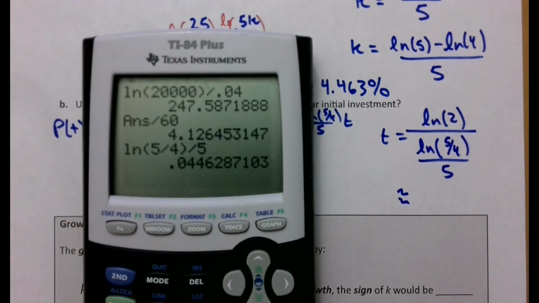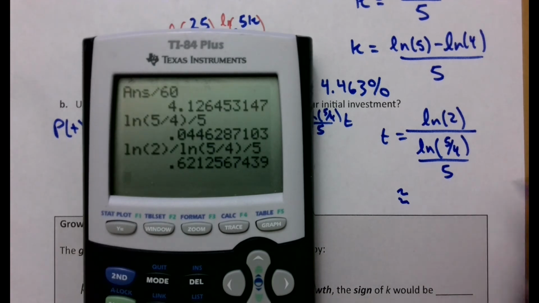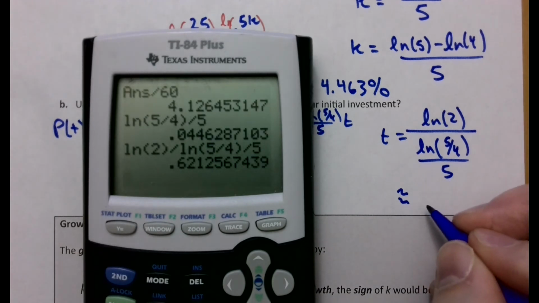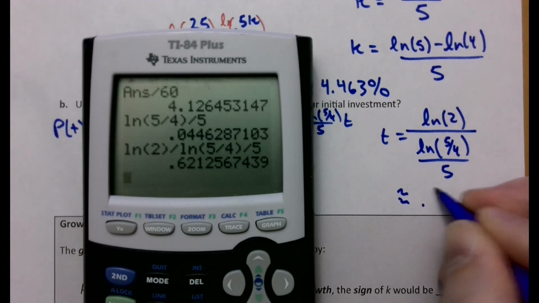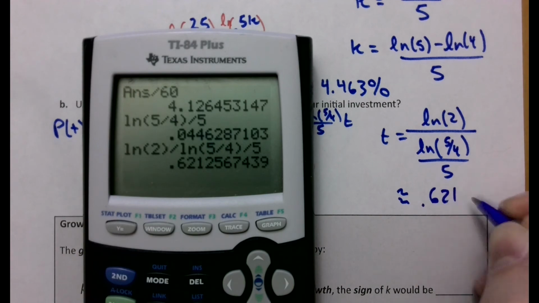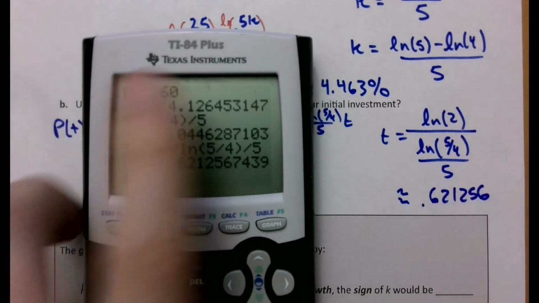There's not much value in it. So natural log of 2 divided by natural log of 5/4 divided by 5 gets us, oh boy, what? 0.621256.